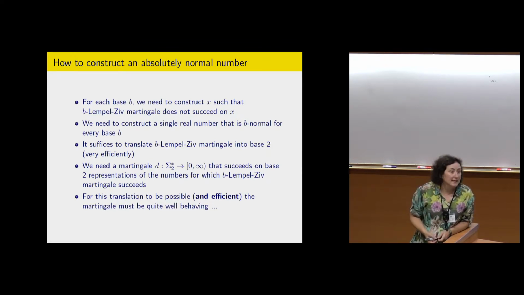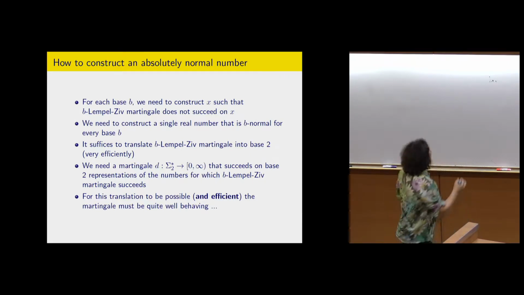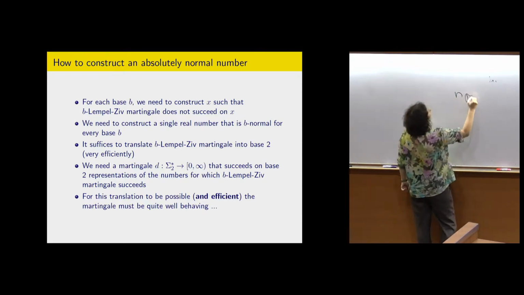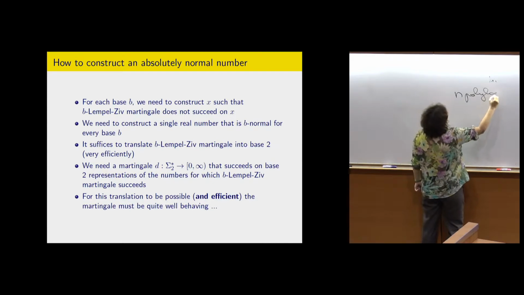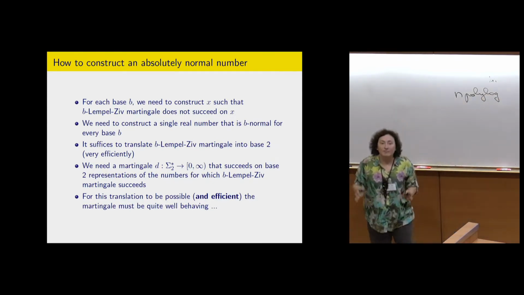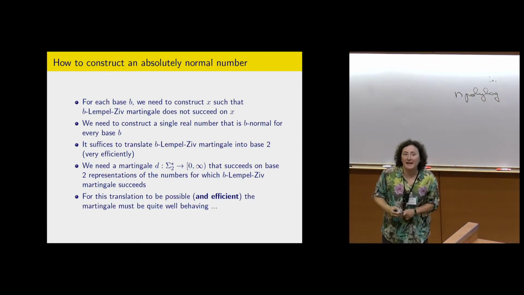Each different base has a Lempel-Ziv algorithm, and then you diagonalize. But I want to be extremely careful with time, because I want to reach time n polylog. So each step needs to be carefully done.